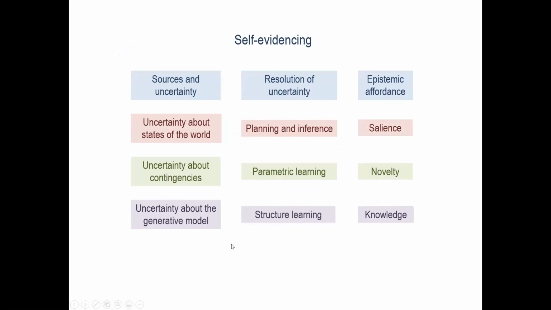So in summary, we've spoken about sources of uncertainty and understanding self-evidencing as putting constraints on the kinds of behaviors that I commit to, and the imperative being to minimize expected free energy, expected prediction error, expected evidence that usually can be cast in terms of reducing a source of uncertainty.